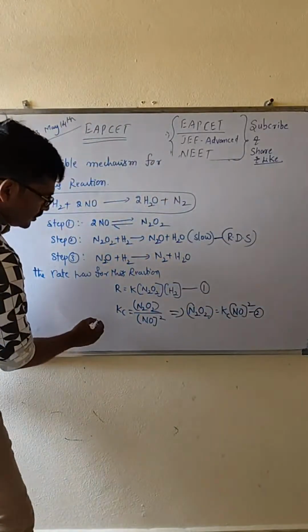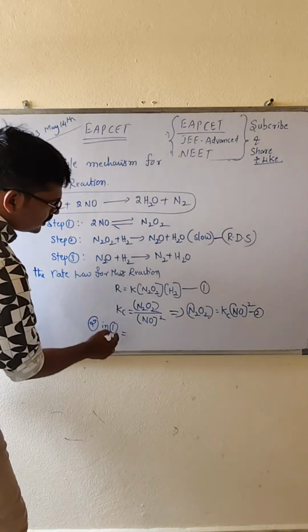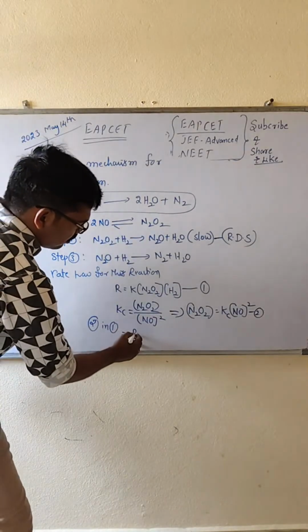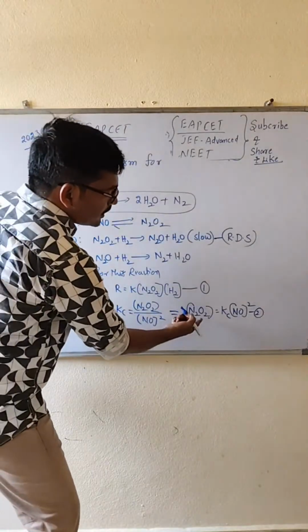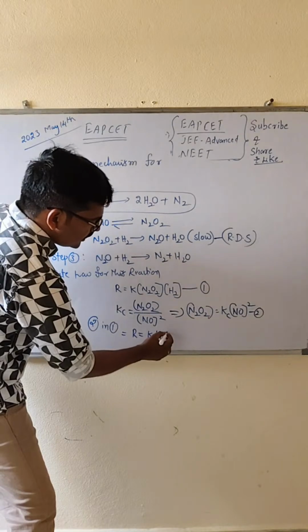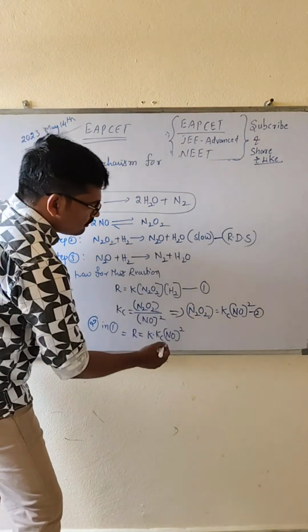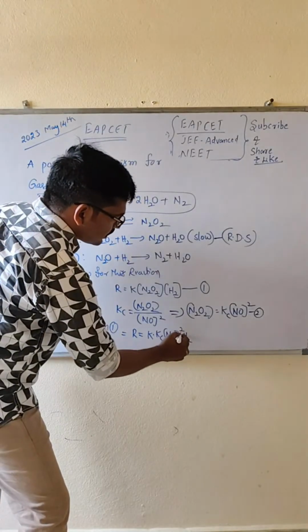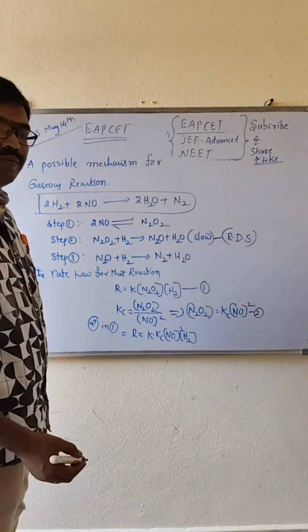This is equation number 2. Substitute in 1. So substituting 2 in 1, R equals K into, in the place of N2O2 what will be there, that you have to note: Kc NO whole square. Then the remaining is H2 concentration. So now these both we call the effective constant.